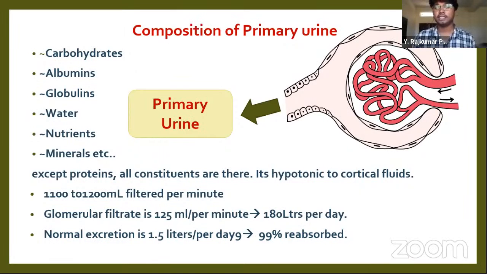So you can say that our kidneys' capacity is that 180 liters of urine can be produced per day. But what we do is we only excrete 1.5 liters per day, isn't it? So what is happening here? You can see 99% of the primary urine is getting reabsorbed.